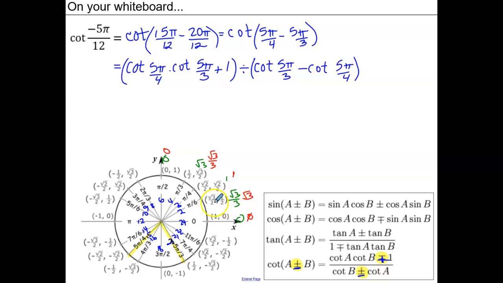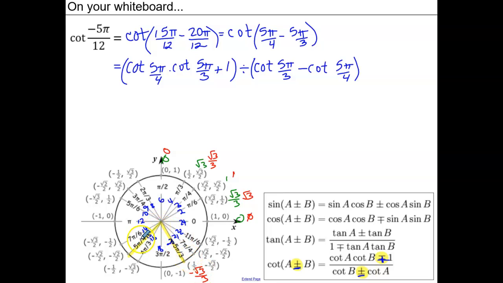Now, when we take those into our other quadrants, 5 pi over 3 is in quadrant 4, where the cotangent is negative. So 5 pi over 3 has a negative root 3 over 3 for its cotangent.